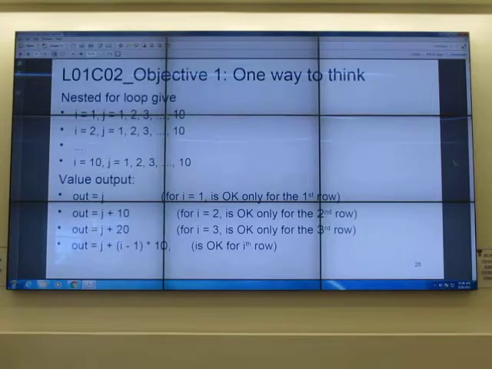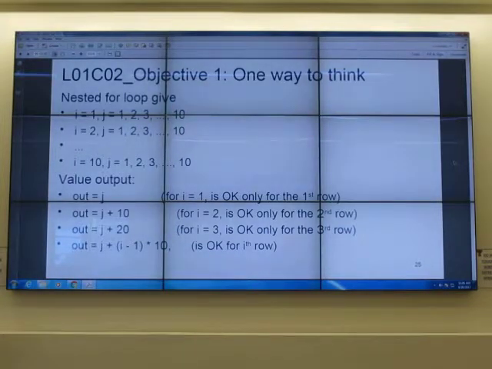So when I write it down, I have I equal to 1, J equal to 1, 2, 3, 4, 5 to 10. Okay? I equal to 2, J goes from 1 to 10, until I equal to 10, and J still goes from 1 to 10. Now let's calculate output. So I say output equal to J. For I equal to 1, this is okay, right? We want to print the numbers from 1 to 100. The first row, we have numbers from what? 1 to 10, right?